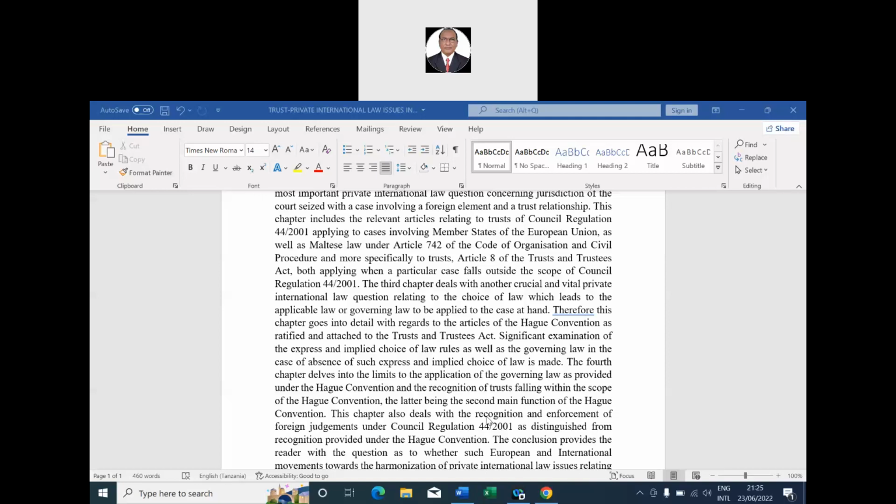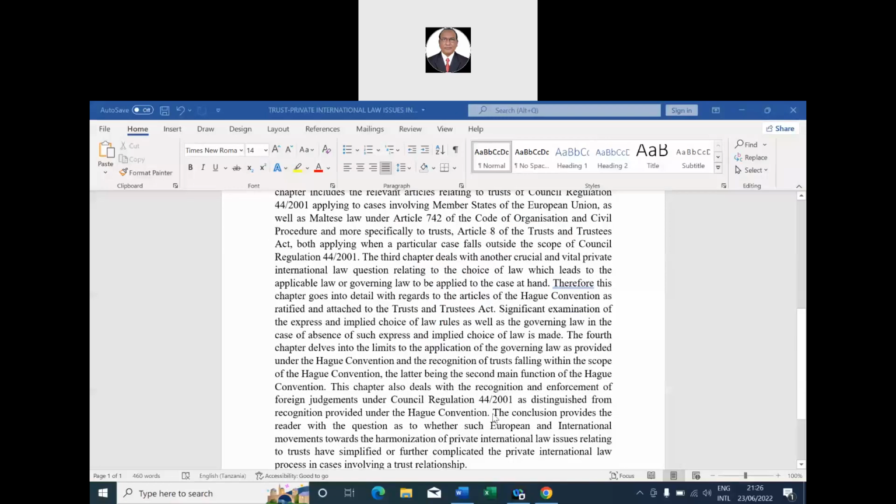Then the question comes: the theory of obligation could be taken. If the theory of obligation fails, then reciprocity, that is the doctrine of comity, could be applied. The same thing as in the law of contract, and in the same manner the trust will also follow the same law of contract rules and regulations.